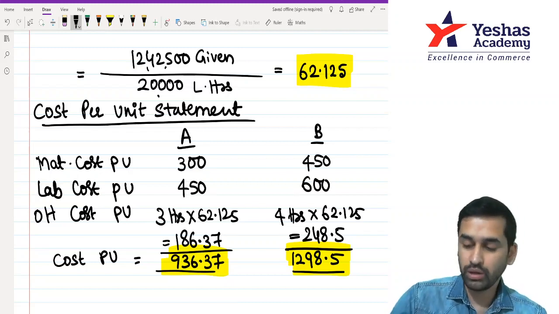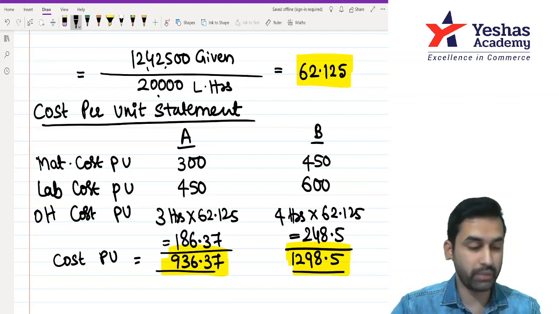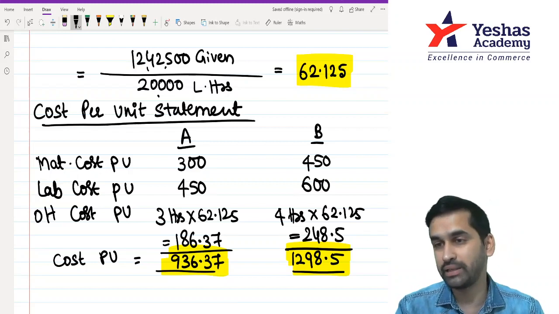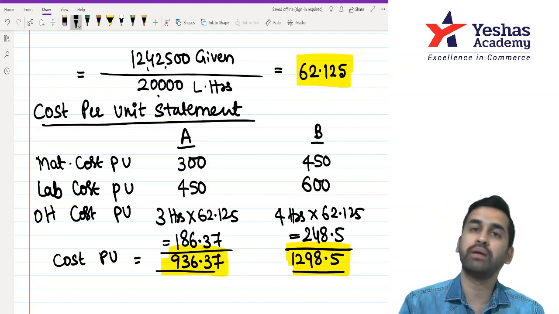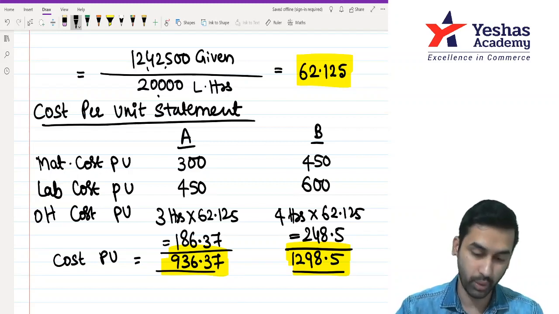What is this now? Computation of cost per unit based on the existing method. And what is the existing method? Labor hour rate method.